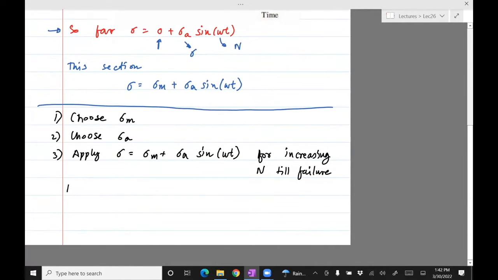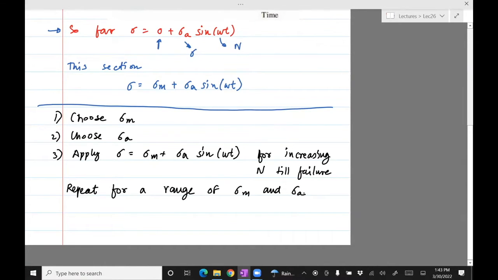Okay, and then we'll just repeat for a range of sigma m and sigma A.